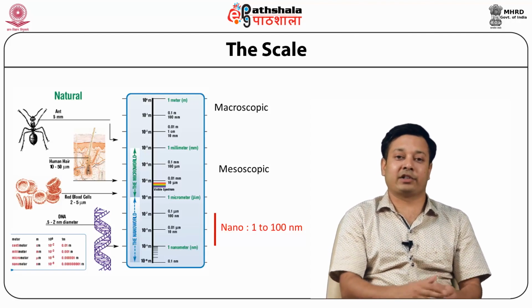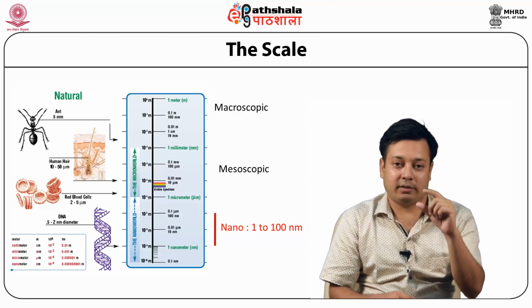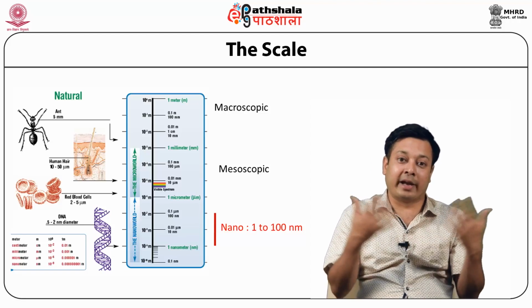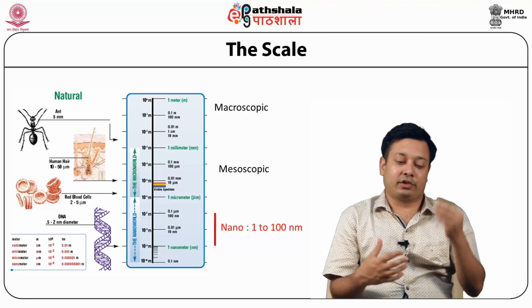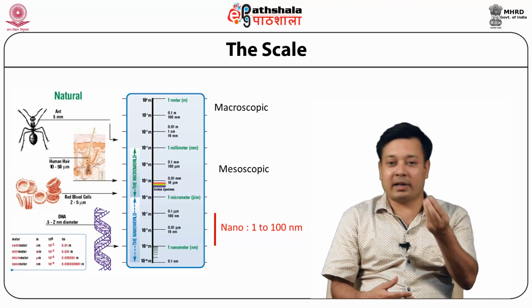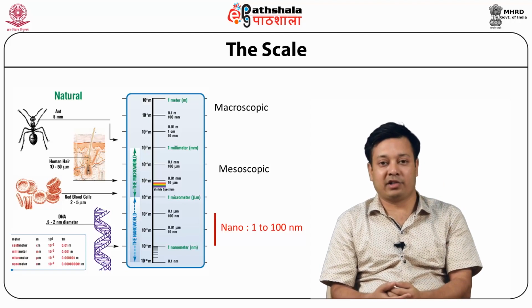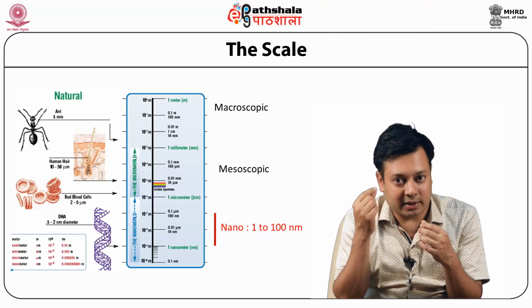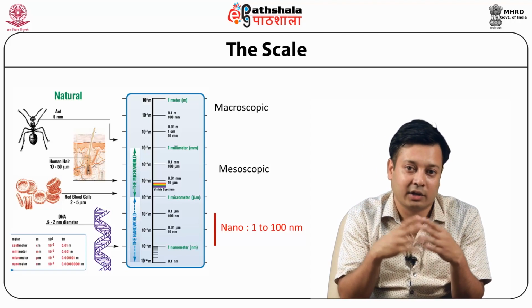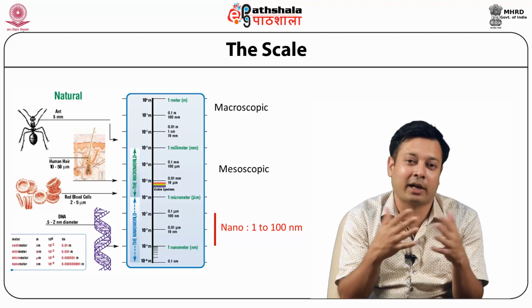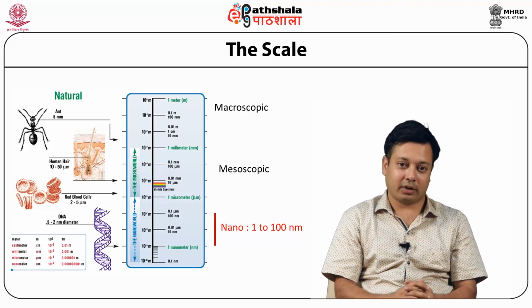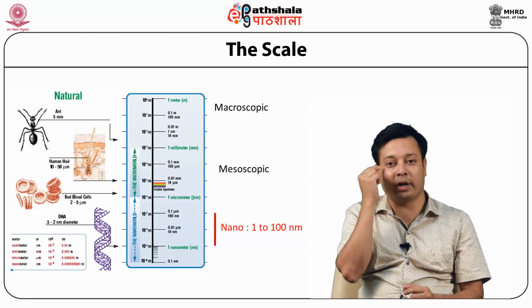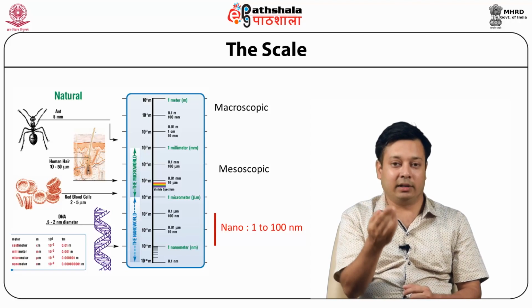Now if you look at it from the other side, let's say an ant, that is in millimeter size. Let's get some feeling of the nano world. So that ant is a macroscopic creature, right? If you now take, let's say, a human hair, normally the diameter of that is 10 micrometer to 50 micrometer. That is the most your human eye can actually resolve and see.